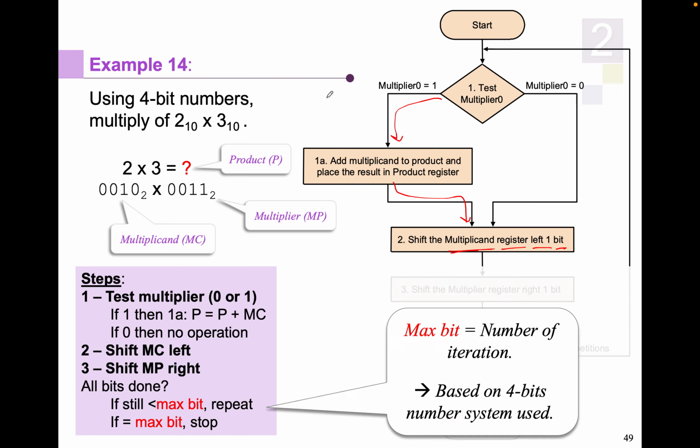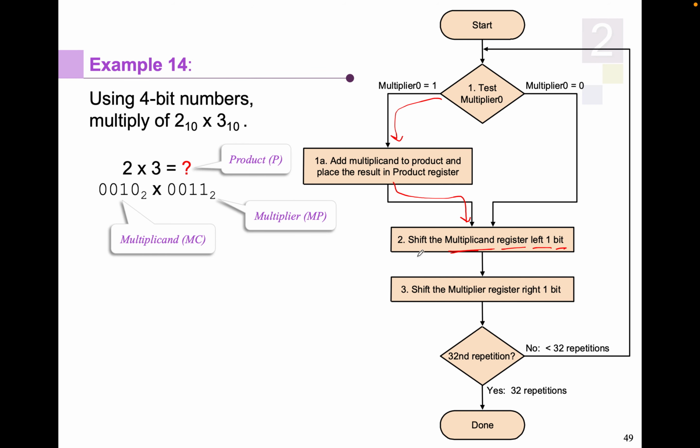You can see that it's going to ask you how many repetitions. If the question asks you about 32 bits, you need to repeat 32 times. But now we look into the question, we look into 4 bit, right? So we need to repeat 4 times.